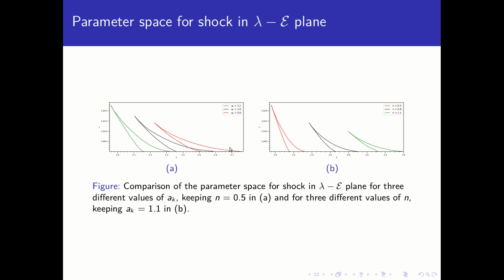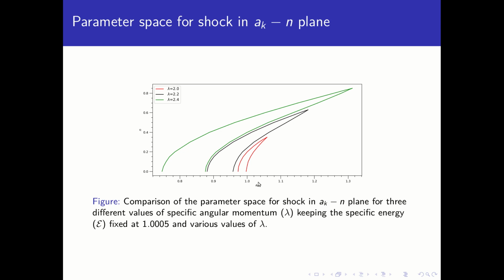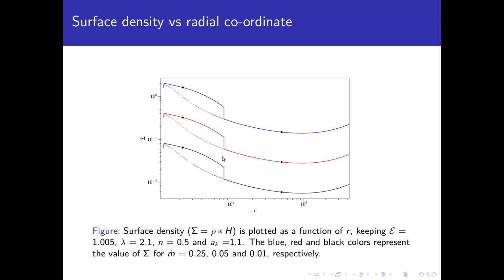So on the parameter space also the behavior is opposite. This is the parameter space for the shock in the A_K-N plane for which we are getting the shock solution, and here we plotted for three different values of angular momentum.